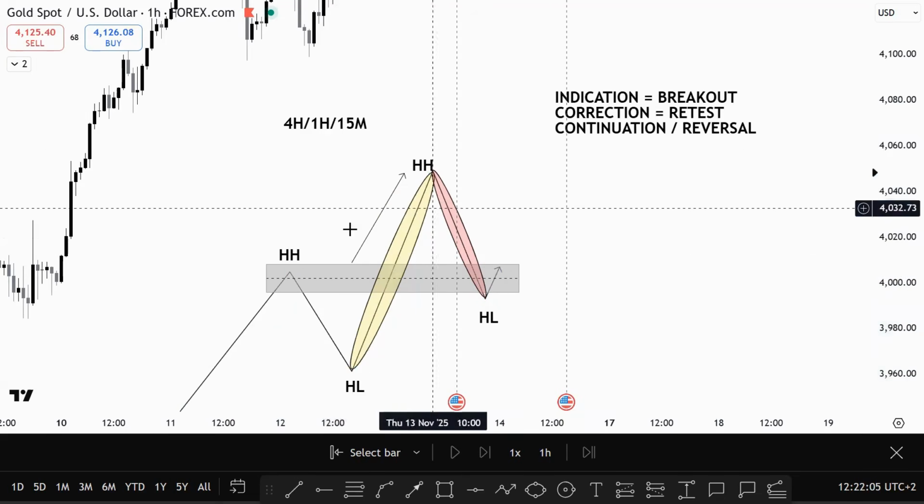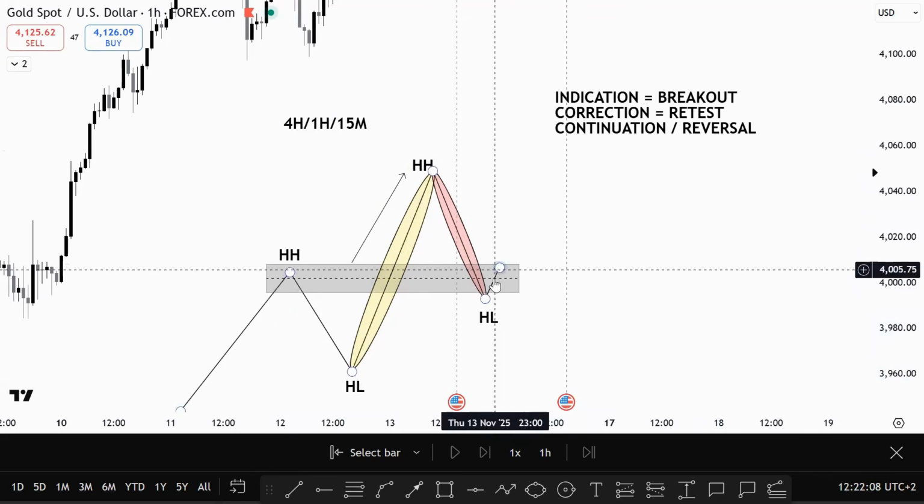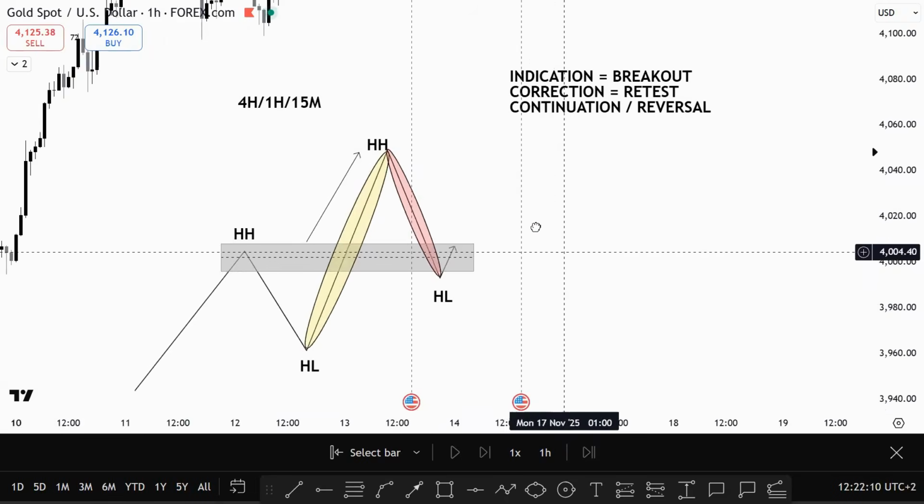So once you've found the trend and understand where you are, you're waiting for that continuation to the upside on the higher time frames.